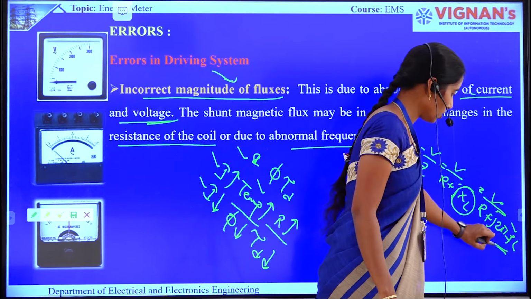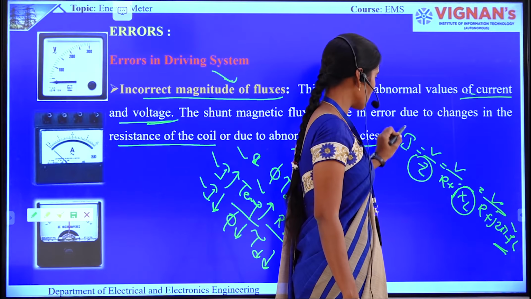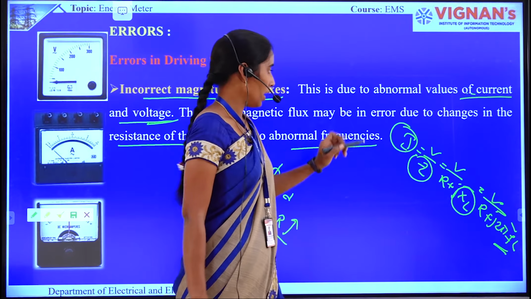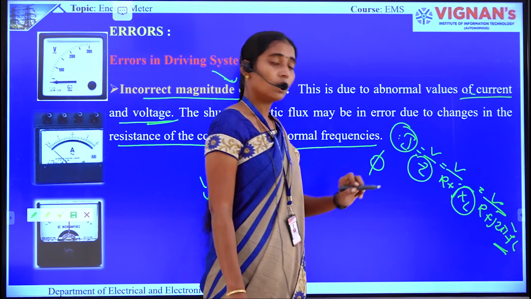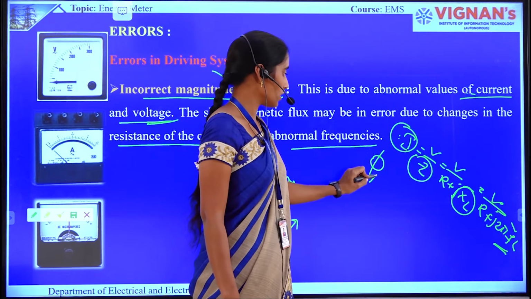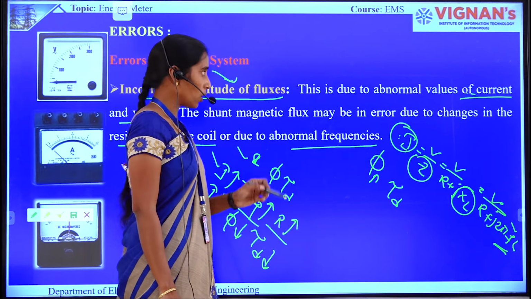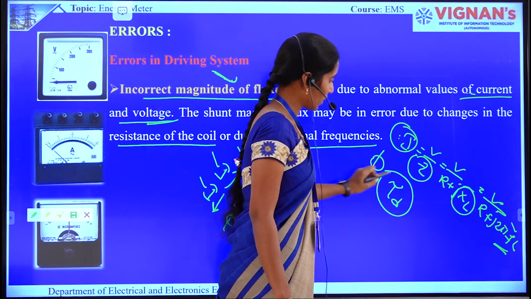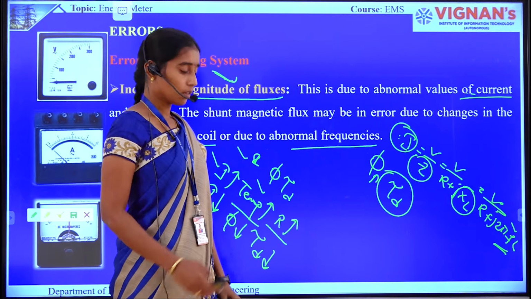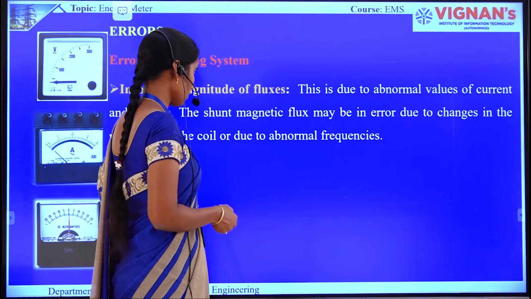If your frequency is getting changed, your impedance is getting changed, which in turn changes the current. If your current through the coil changes, the flux produced by the current obviously changes, which in turn affects the driving torque. So that is one of the errors in case of your driving system.